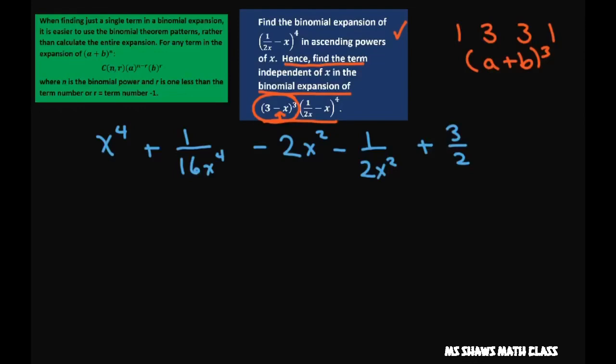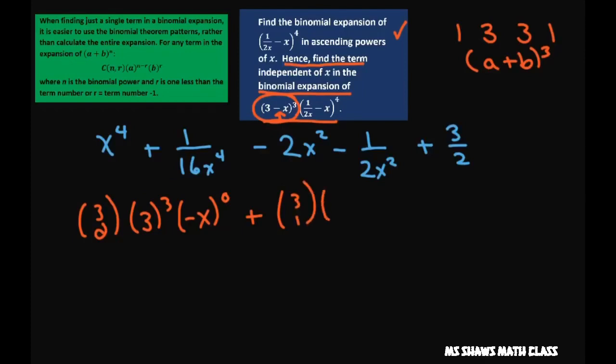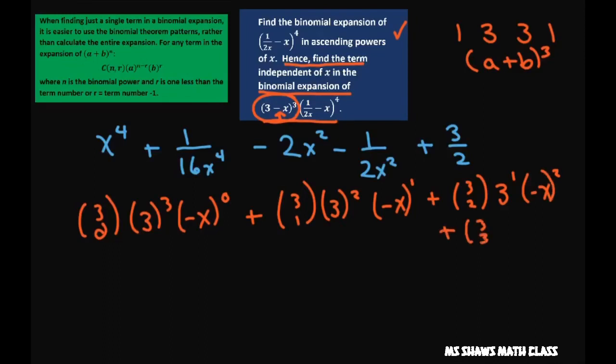So that's going to be 3 choose 0, 3 cubed, negative x to the 0, plus 3 choose 1, 3 squared, negative x to the first power, plus 3 choose 2, 3 to the first power, negative x squared, and finally plus 3 choose 3, 3 to the 0, negative x cubed.